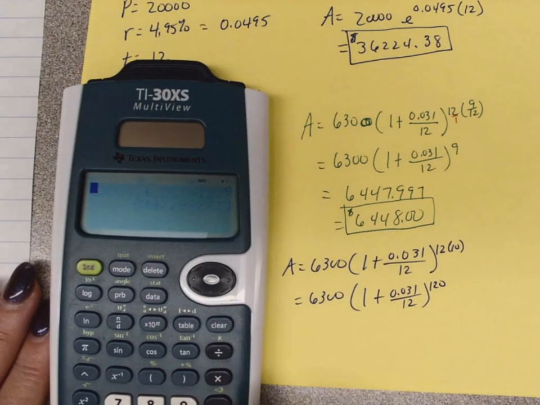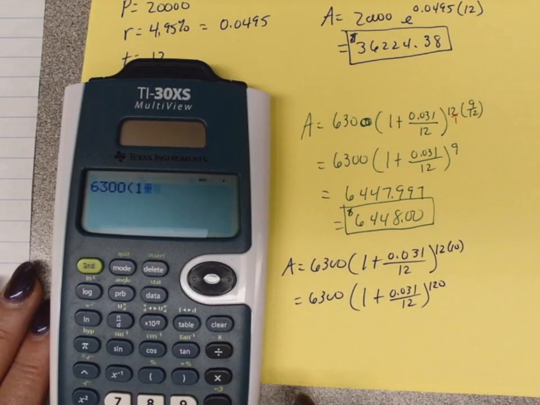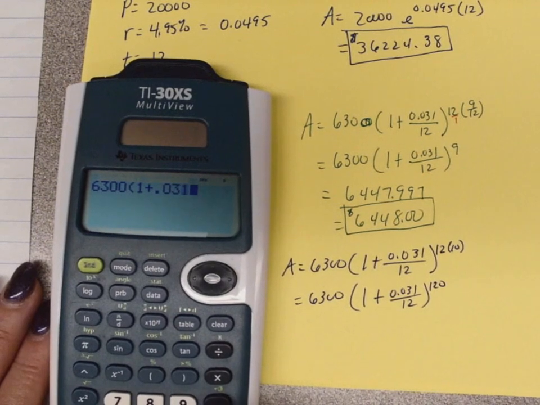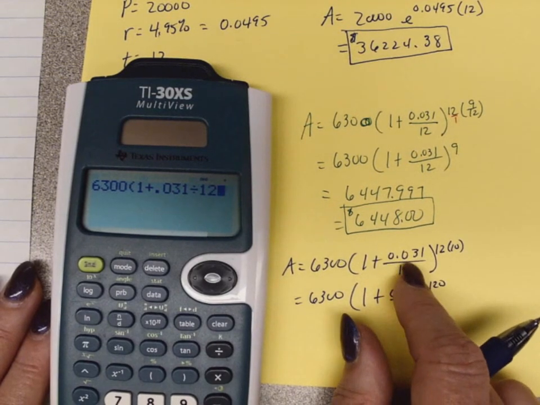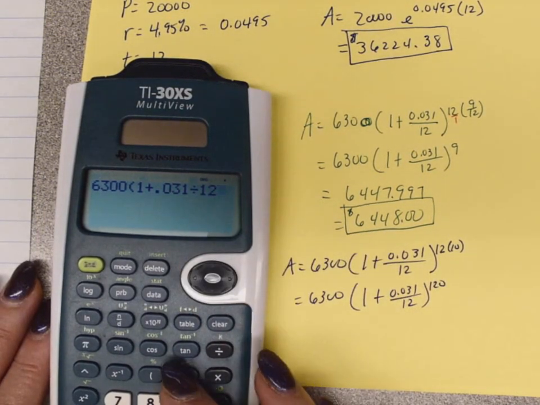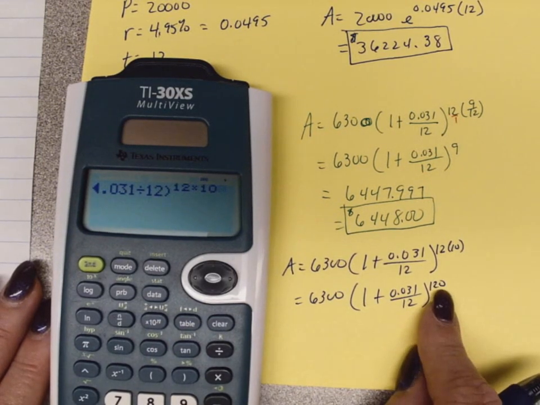All right, so let's put in our 6,300, parenthesis, 1 plus 0.031, divide by 12. If you notice, too, I'm not putting in a fraction in my calculator because it will follow the PEMDAS rules. And then I'm going to raise it on mine. I'm just going to put 12 times 10, or I could put in the 120. It does not matter.